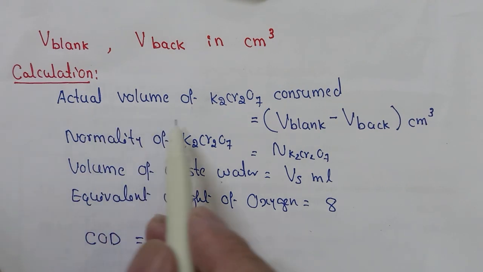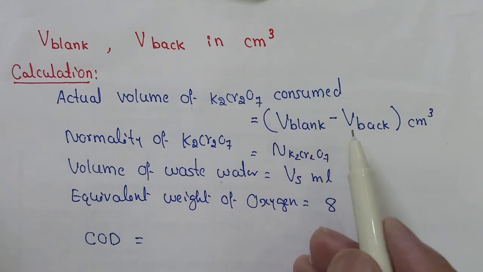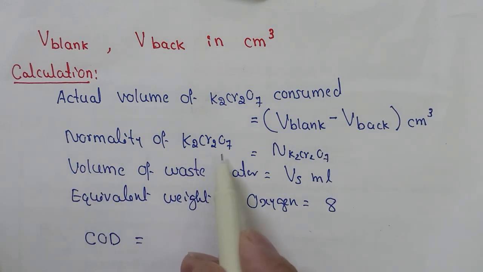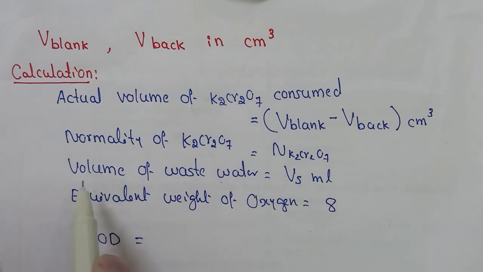Here the actual volume of potassium dichromate consumed, we can calculate as V blank minus V back in cm cube or ml. Normality of potassium dichromate is known. Let us say it is 1 normal or 0.5, N of K2Cr2O7. Volume of wastewater, let us take VS as 25 ml. Equivalent weight of oxygen we know is 8.